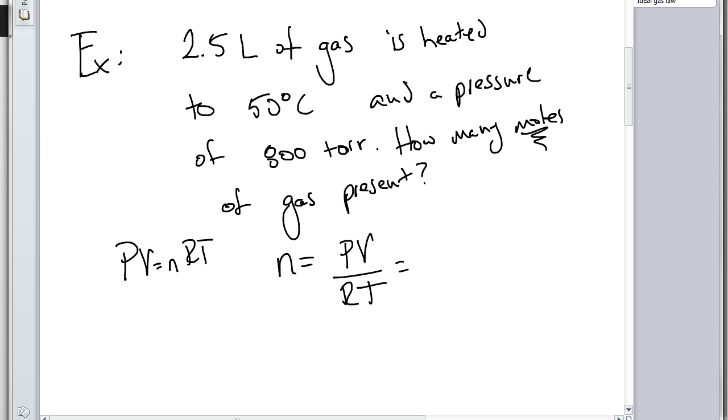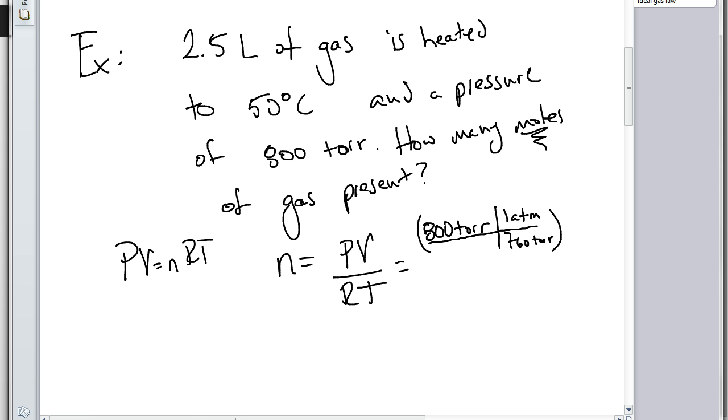So for pressure we have 800 torr. Now what I'm going to want to do is convert 800 torr to atm because my ideal gas law constant deals in atm. So I'm going to go ahead and set that up right here, divided by 760 torr.